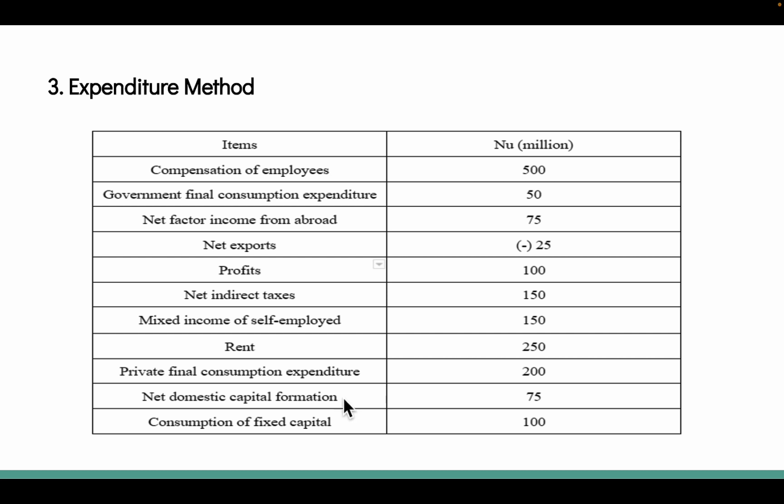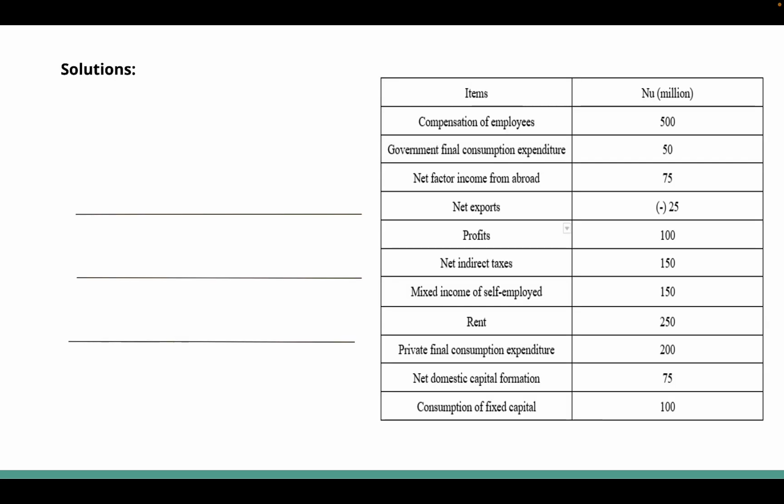And the next component is government expenditure. Government final consumption expenditure is given here. And lastly, the fourth one is net export. We get net export by subtracting the value of imports from the value of export. So what we have to do is identify the four components.